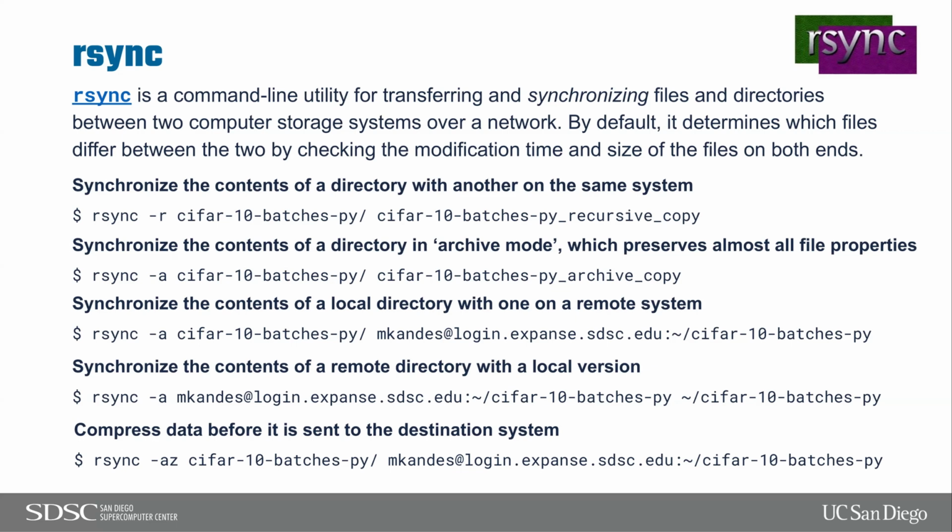So it's kind of like a secure copy superpower, essentially. It allows you to easily back things up from one system to another or maintain a consistent set of directories and files across all these systems that you might be working with. So this is definitely one that you would want to use.